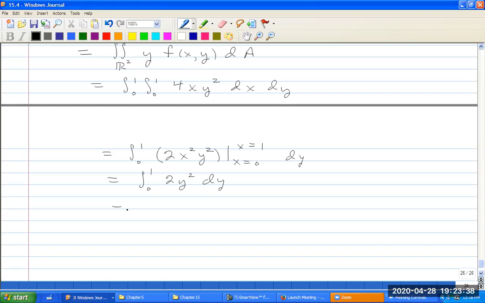And so if you integrate this, you get 2/3 y cubed between 0 and 1.